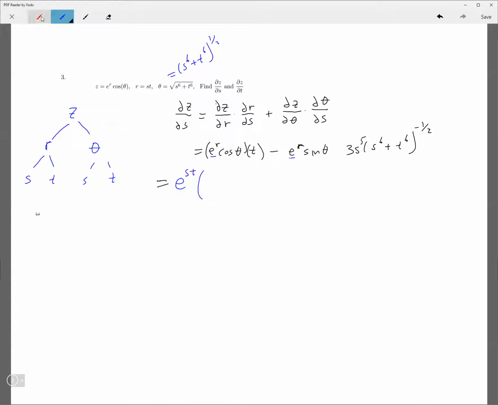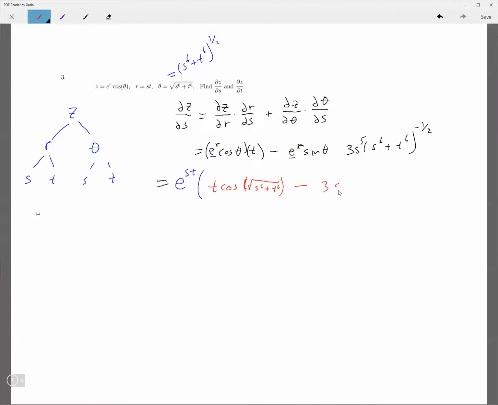And then you have t cosine theta, no, cosine theta is cosine of that. Okay, then we have minus sine theta, or times all this.